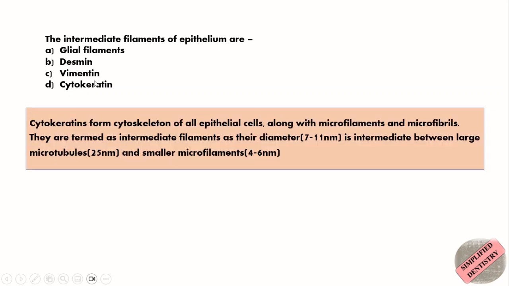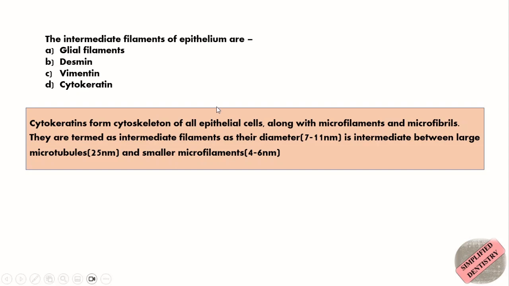Next question is the intermediate filaments of epithelium are option A glial filaments, option B desmin, option C vimentin, and option D cytokeratin. So it is the cytokeratins which form the cytoskeleton of all epithelial cells along with microfilaments and microfibrils.